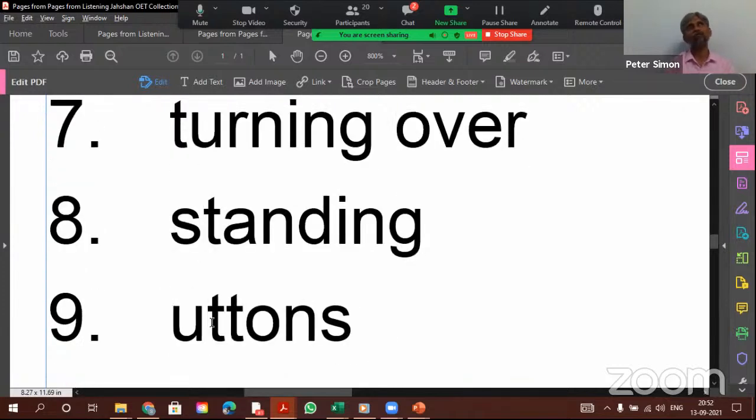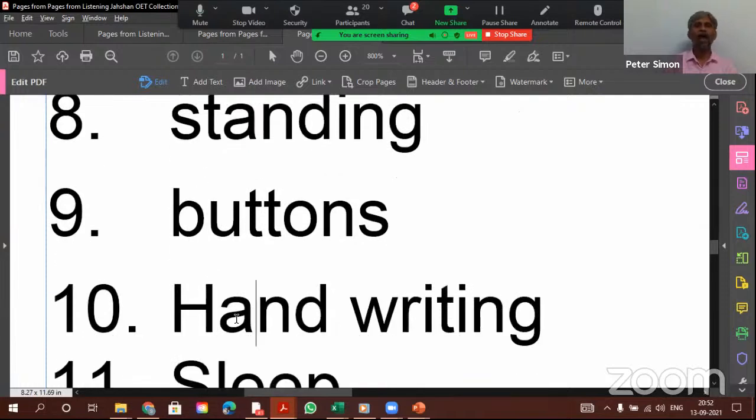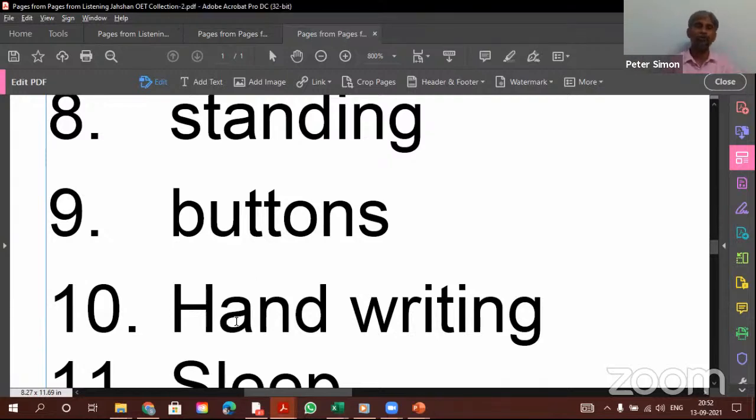Okay, buttons. Doing and undoing buttons. Why capital letter in the middle of the sentence? Remember, handwriting. Where in the world he got this answer, I don't know. Whoever has written this one, okay, fine, they tried to do some good. But in doing something good, he is teaching something wrong here.